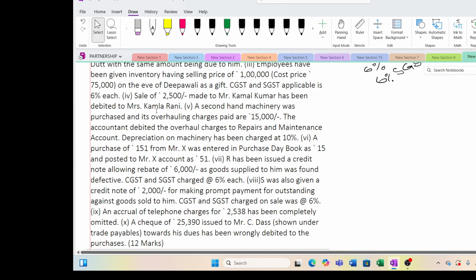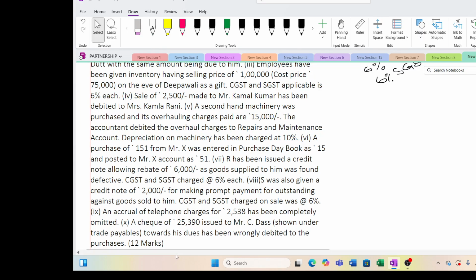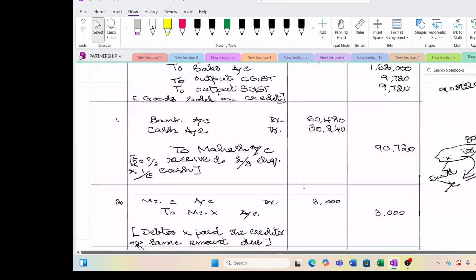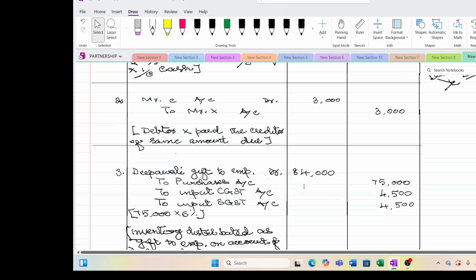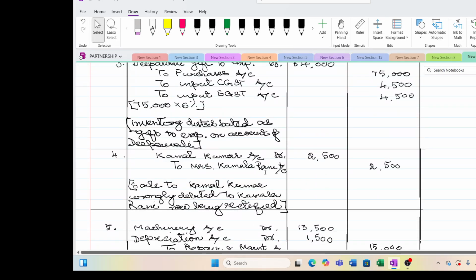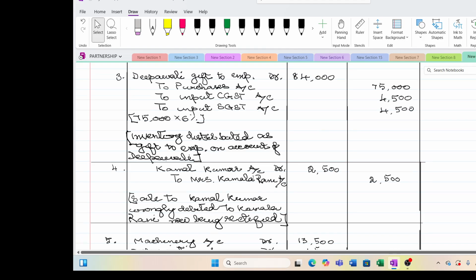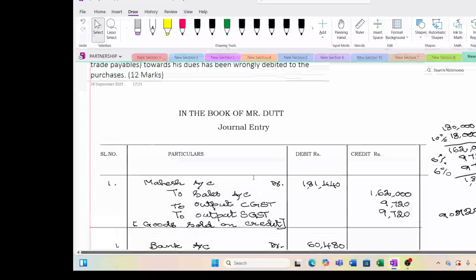So do the right entry. You debit Kamal Kumar. What was the wrong entry? You reverse it. Kamala Rani was debited, so we have to reverse the Kamala Rani account. So it's a very simple one. Okay. No need of further explanation, I hope. Kamal Kumar is debited to Kamala Rani account. Sale to Kamal Kumar wrongly debited to Kamala Rani, now being rectified.